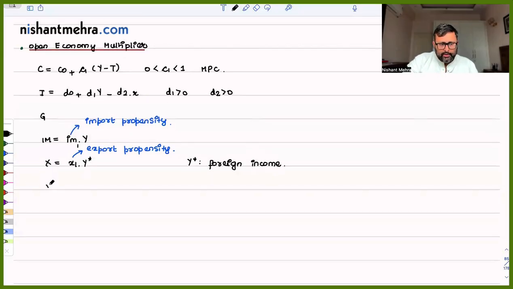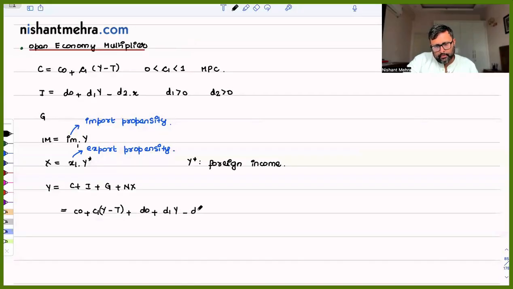So I'll just write Y is equal to C plus I plus G plus NX. So consumption is C naught plus C1 (y minus t). This is D naught plus D1y minus D2r plus G plus exports minus imports.